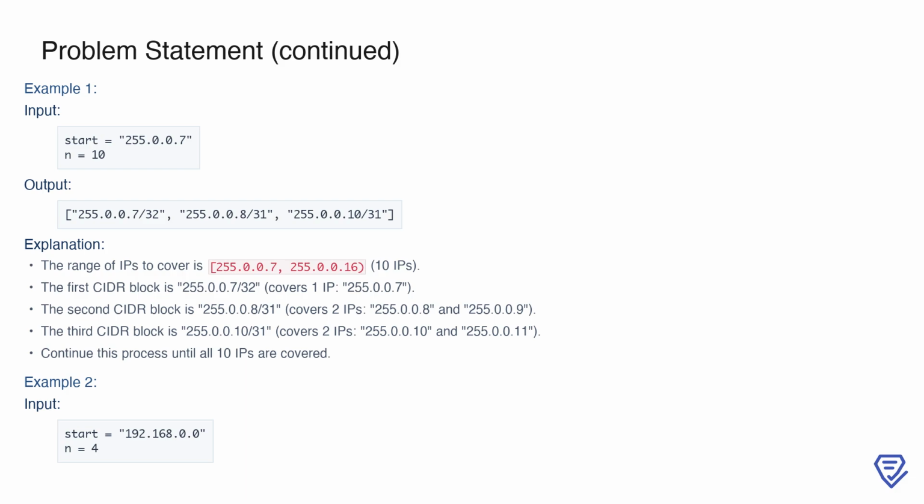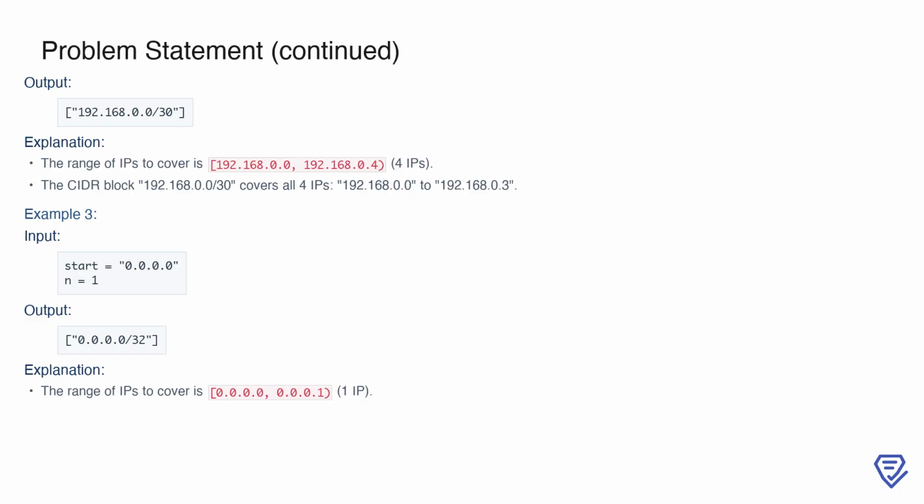The second block, 255.0.0.8/31, covers two IPs, 255.0.0.8 and 255.0.0.9. Similarly, 255.0.0.10/31 covers the next two IPs, 255.0.0.10 and 255.0.0.11. This process continues until all 10 IPs are covered using the smallest possible number of CIDR blocks.